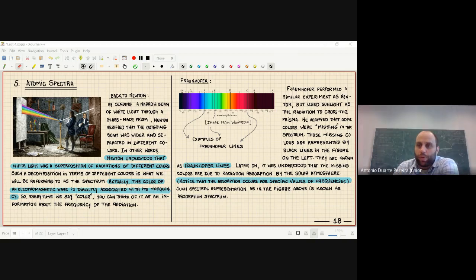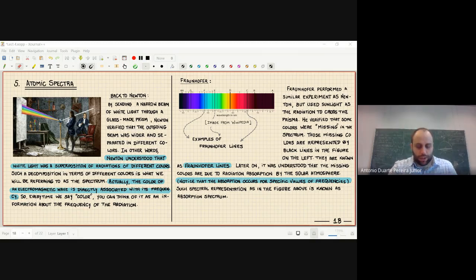So when you decompose a radiation or light into the different colors that compose the radiation, you are making a spectral decomposition of that. So when you say that white light is made of colored light, you're saying that the spectrum or the spectral decomposition of white light is this collection of lights of different colors.